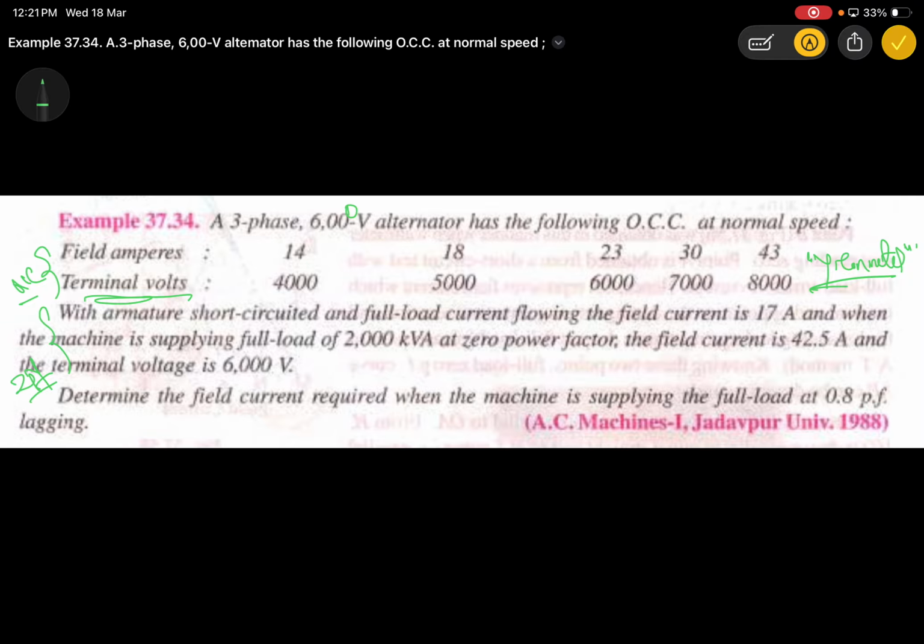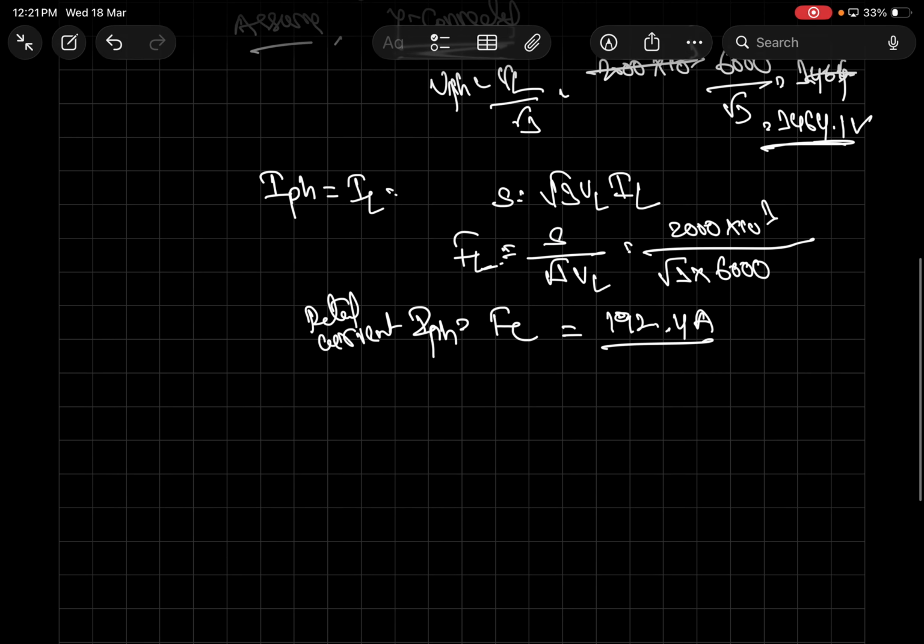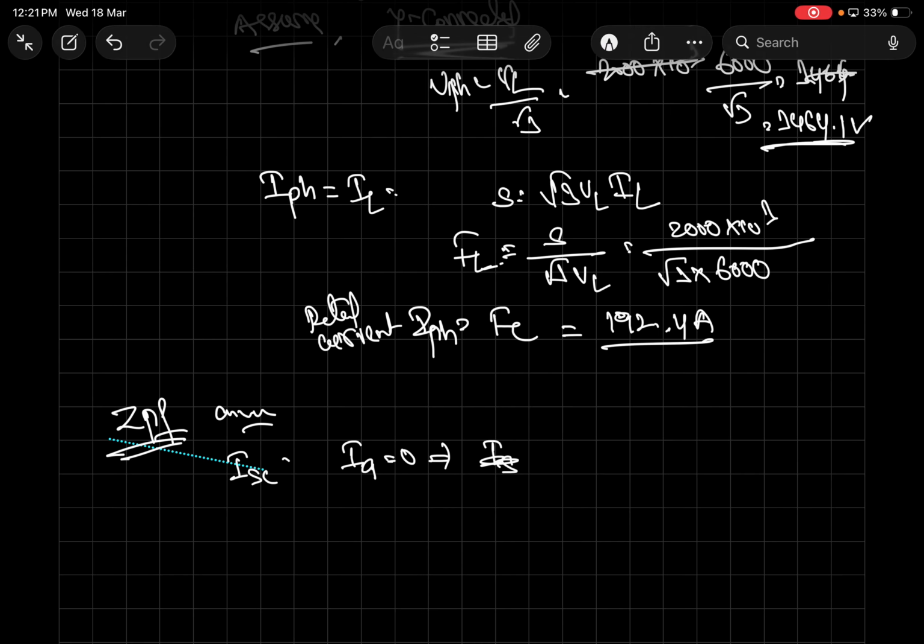That means when IA is equal to 0, then IF will be 17 amps, for the ZPF curve.